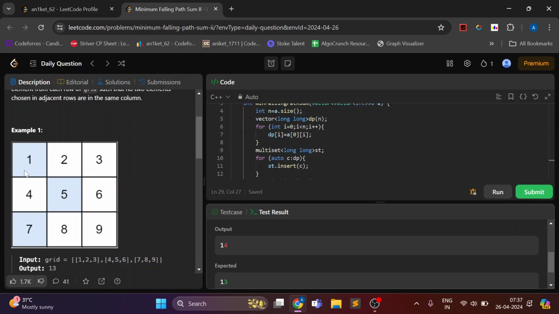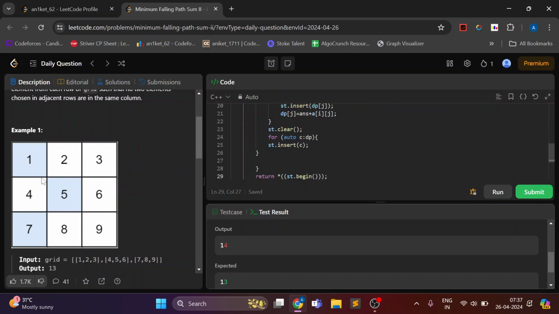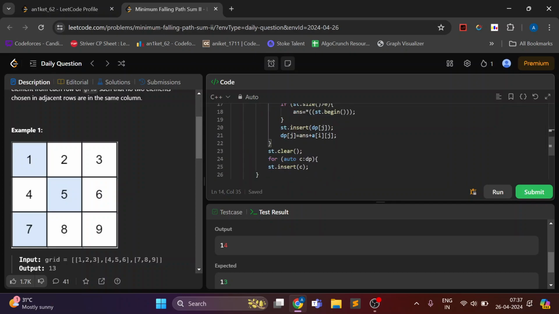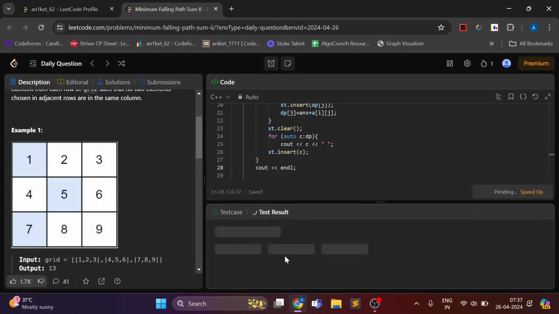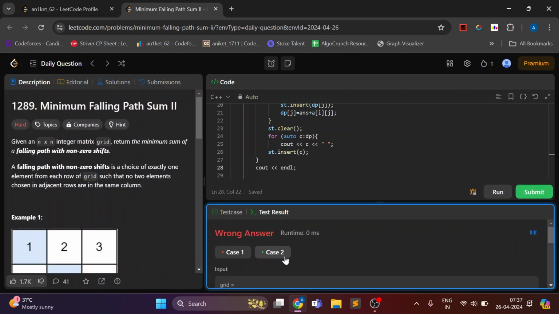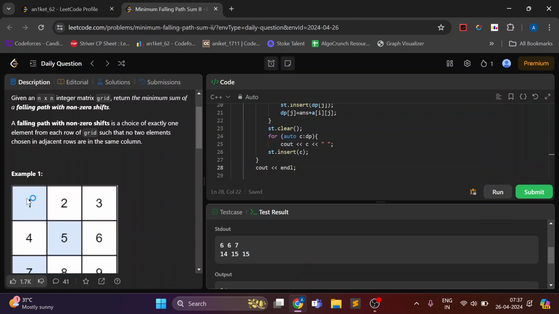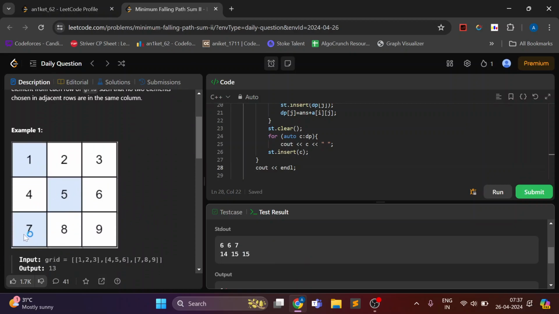Hmm, let me just print all the objects first. So this is 6 is 7, and this is 7 plus 6.